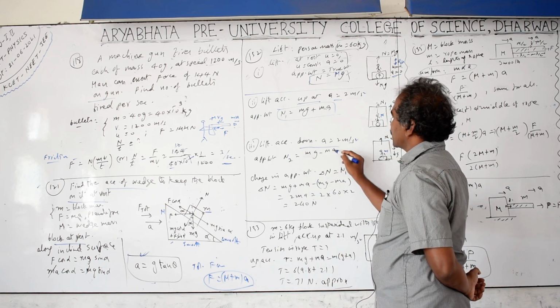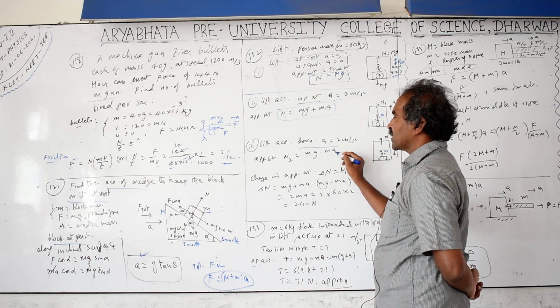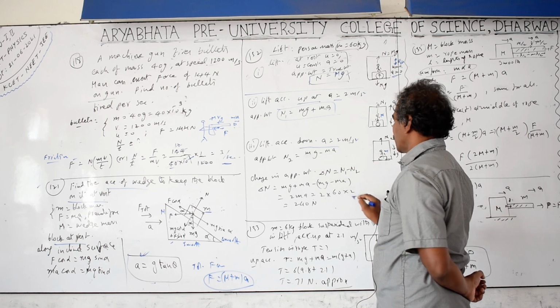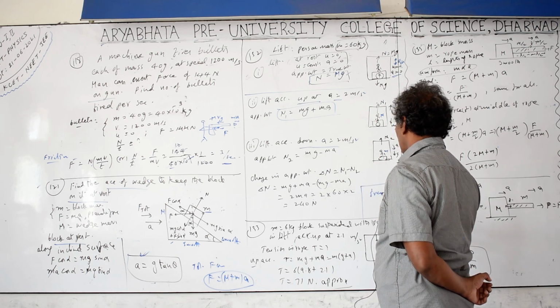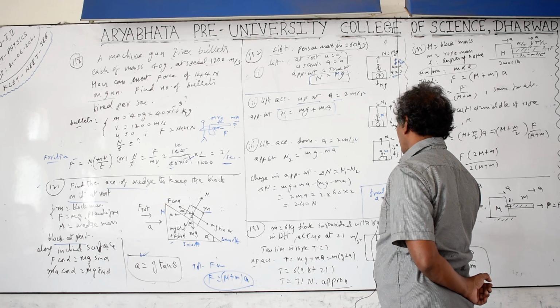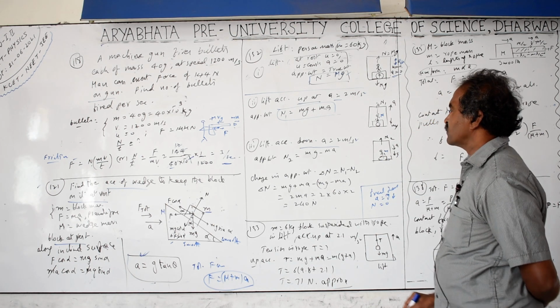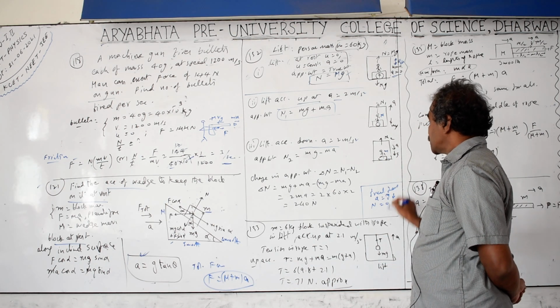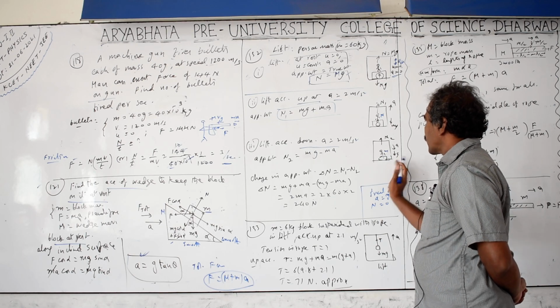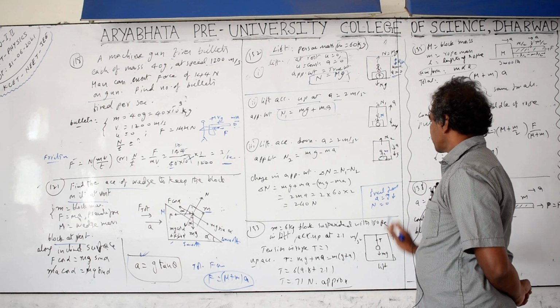Freely falling cases means a equal to g only, it becomes downward directions, mg minus mg is 0. So if you take the free fall, a equal to g downwards, therefore apparent weight equal to 0. The free-falling person feels weightlessness. If the a is more than g in the downward direction, then the person leaves the floor and floats upward.